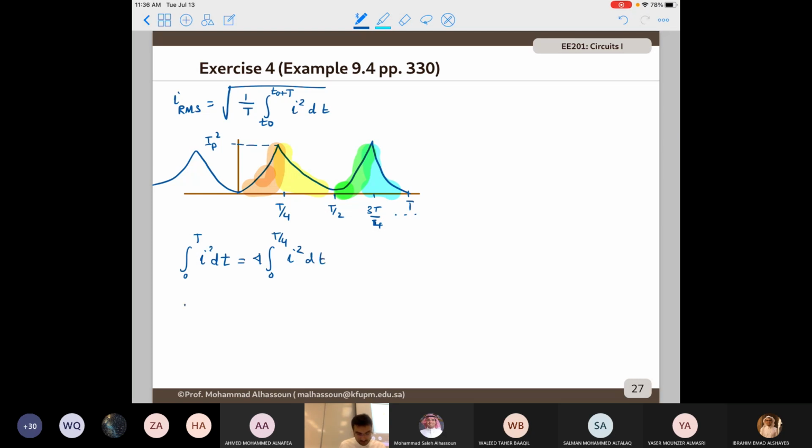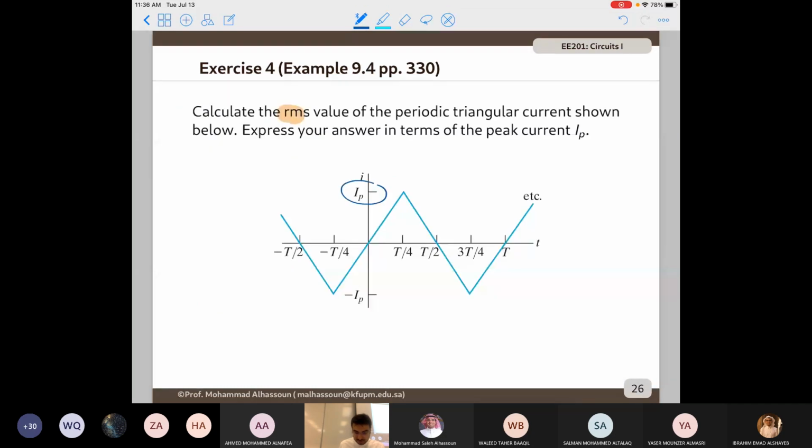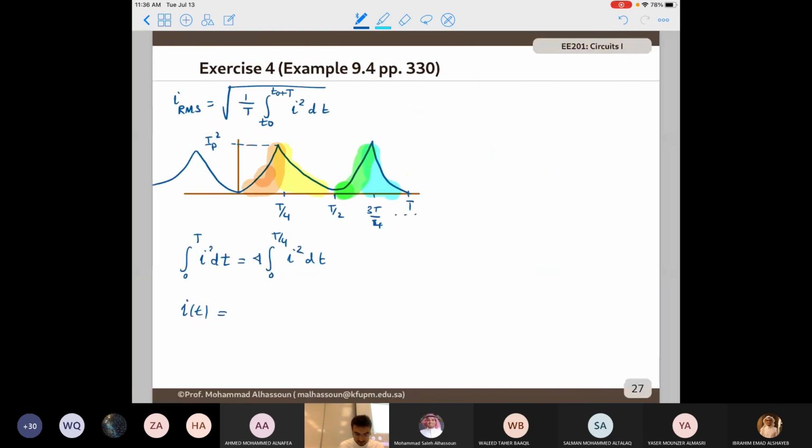Now what is the expression for I of t? We want to find the equation of I of t here. Remember, for the equation of a line, you need to find the slope and the intercept. If you do that, you will notice that I of t equals 4 IP divided by T times t, and this is true from 0 to T divided by 4.